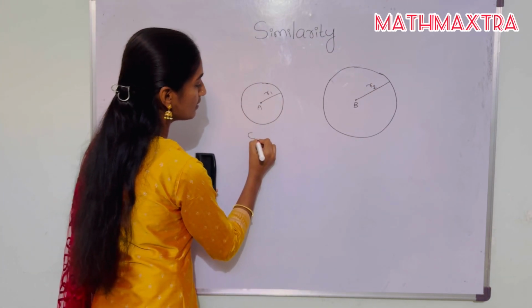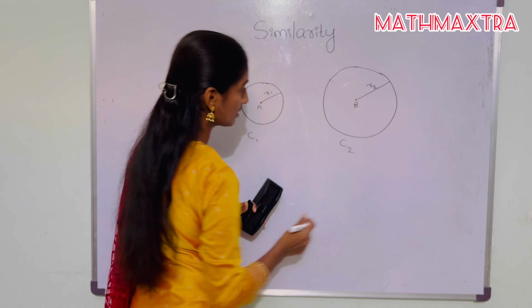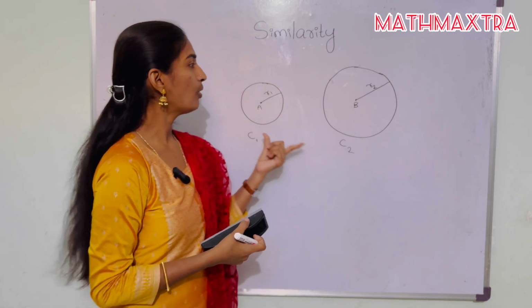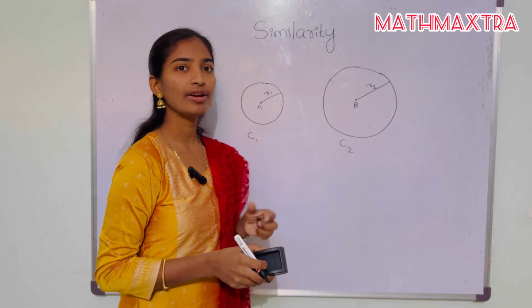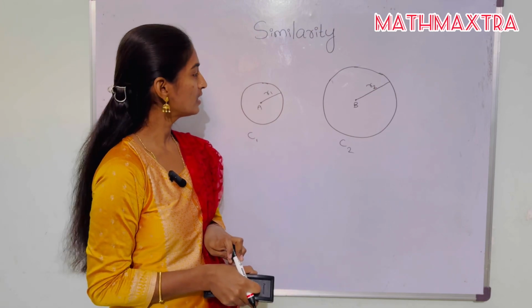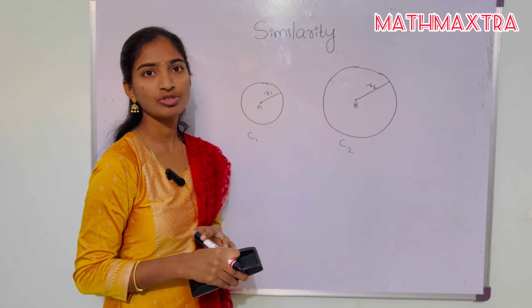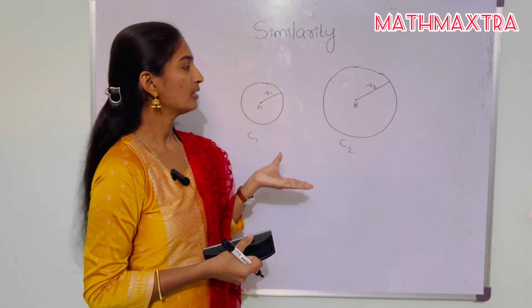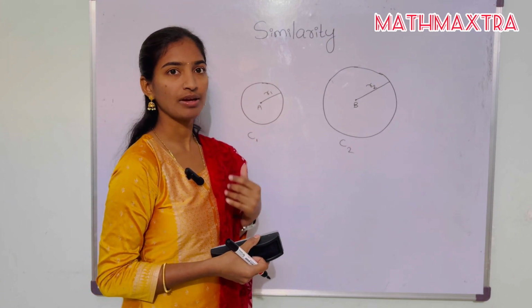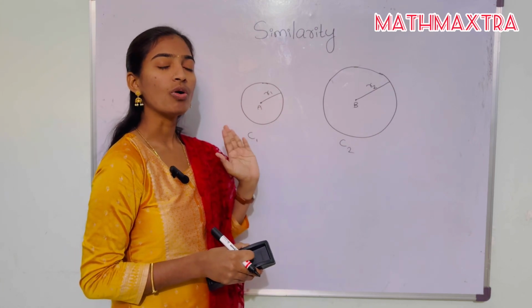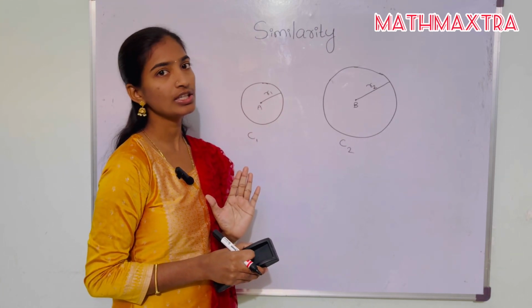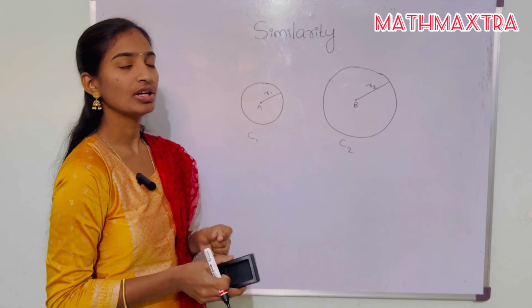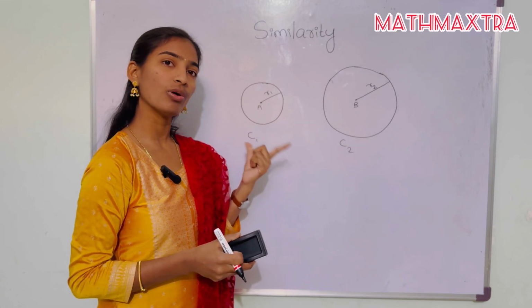Now this is circle C1, this is circle C2. Now tell me, are these two circles similar to each other? Yes, all circles have the same shape. They may have different radii, but both have the same shape. That is why we can say all circles are similar to each other. If you take any two circles, they are always similar.